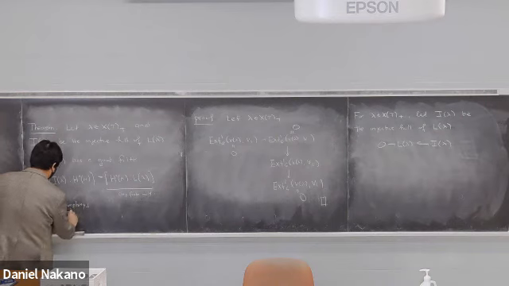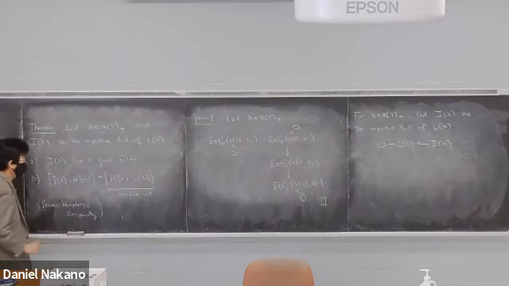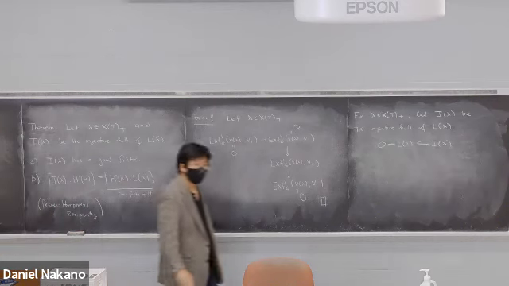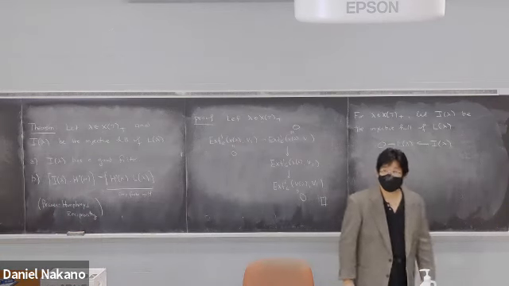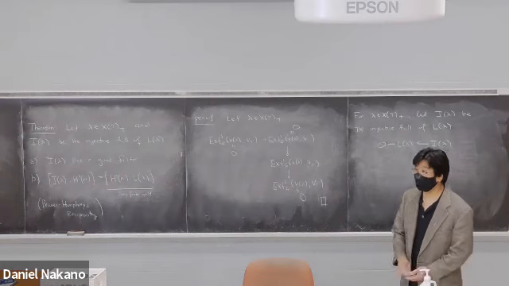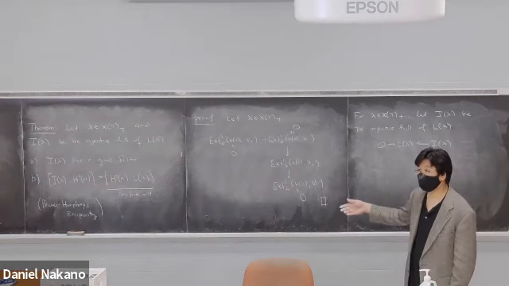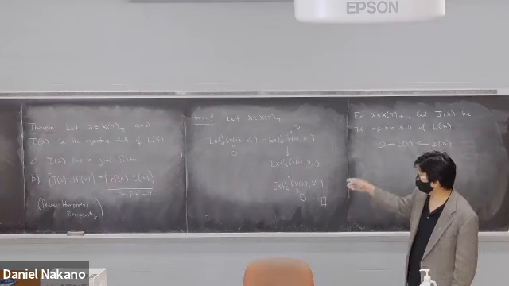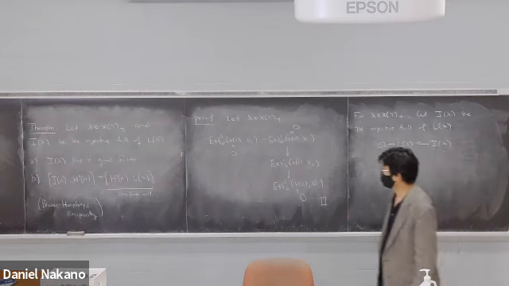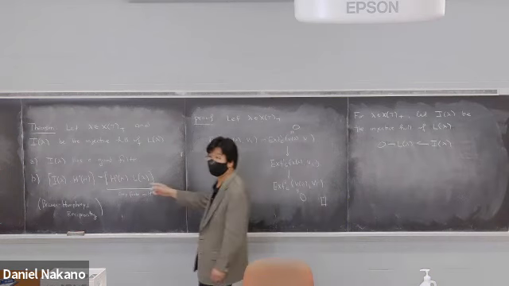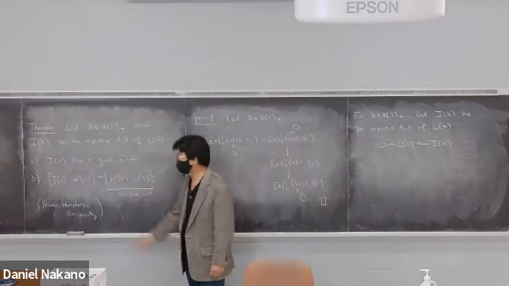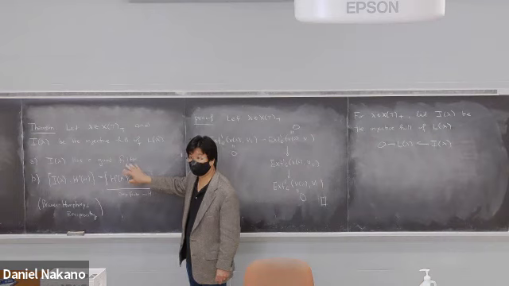Maybe you saw this in category O. When you took projective modules in category O, they have filtrations by Verma modules, and the number of times a Verma module appears in the projective is the number of times that irreducible appears as a composition factor. So it's the same idea. It's exactly the same.